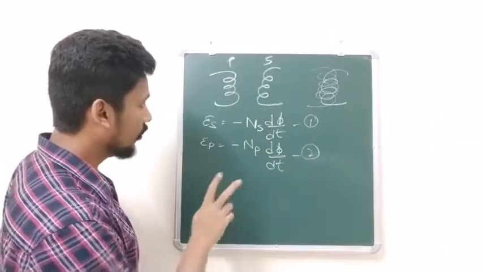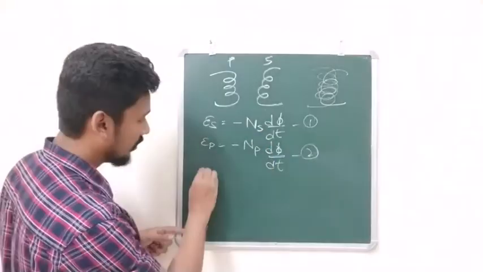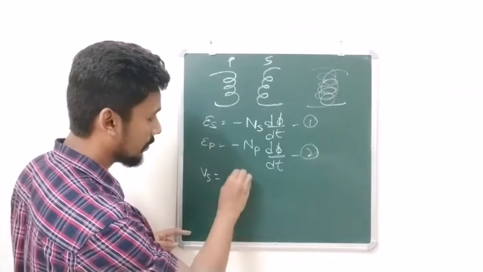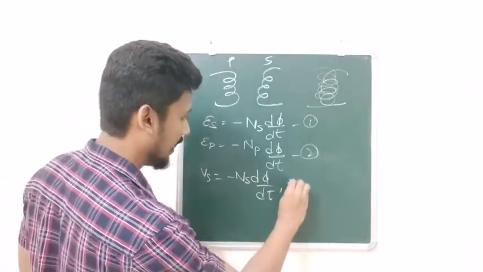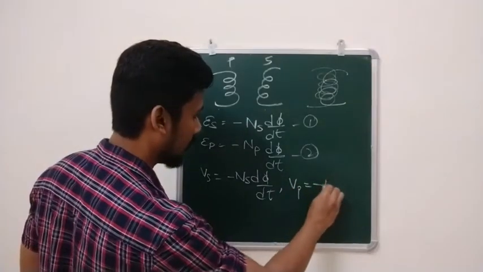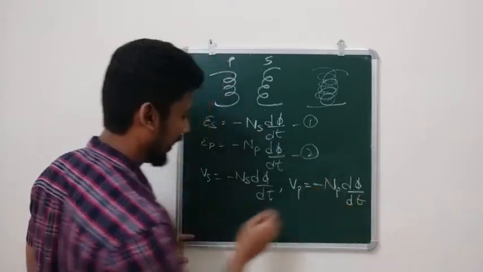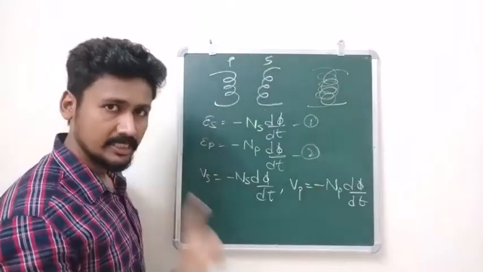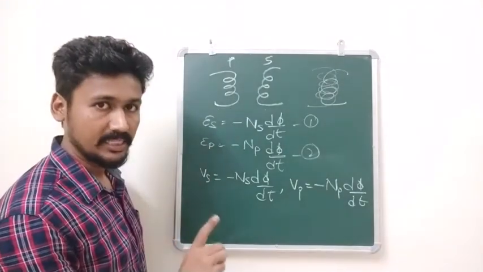Okay. Now we can transform equations number 1 and 2 as VS equal to minus NS d phi by dt and VP equal to minus NP d phi by dt. As we said, why can we do that? We are assuming that the EMF across the coils is the same as the potential differences.